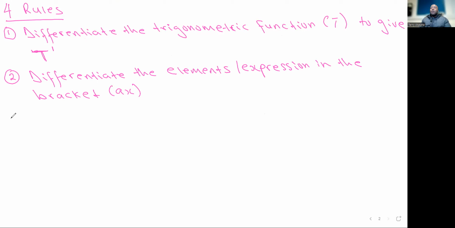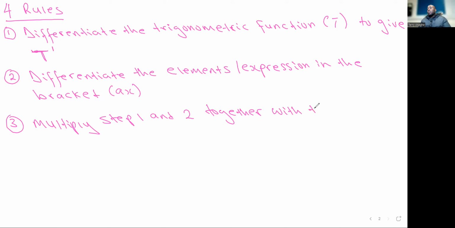Okay. Then when you're done with that, the next thing is that you multiply step 1 and step 2 together with the original expression.